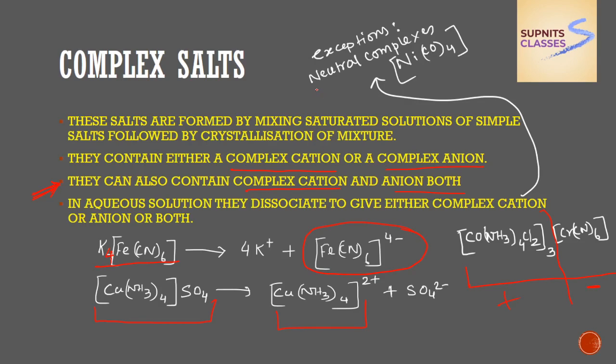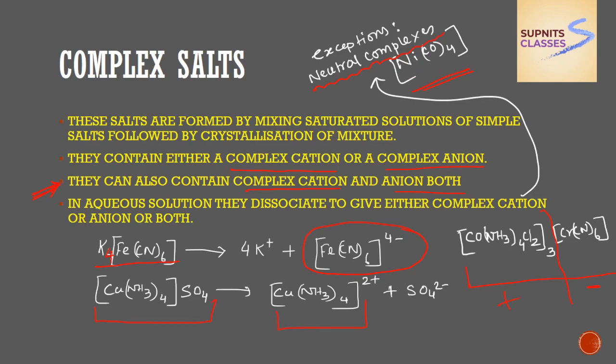This type of salts are called neutral complexes. An example is nickel carbonyl, completely covalently bonded, and it has no tendency to give any positively or negatively charged ions in aqueous solution.